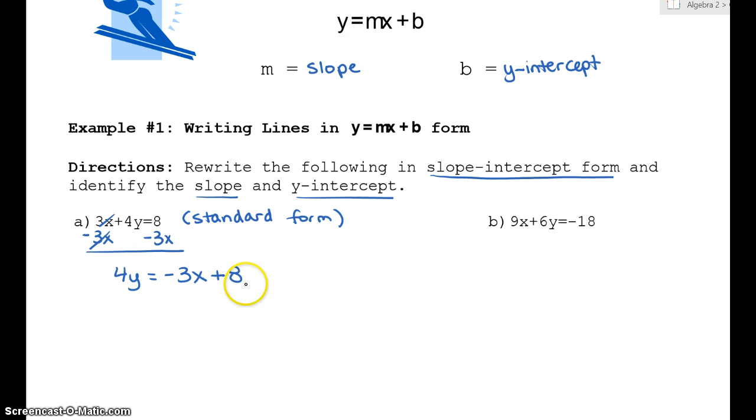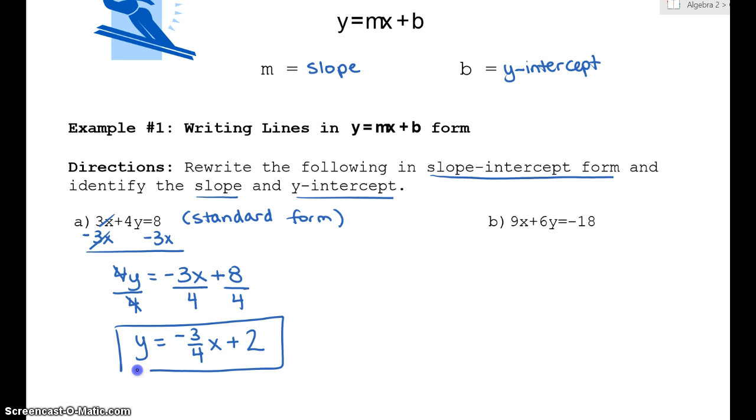Now, we can't really say this is in slope-intercept form until y is by itself, so we are going to divide everything by 4. 4 divided by 4 is 1, so we're left with 1y equals negative 3 over 4 x plus 8 divided by 4 is 2. So this right here is written in slope-intercept form.